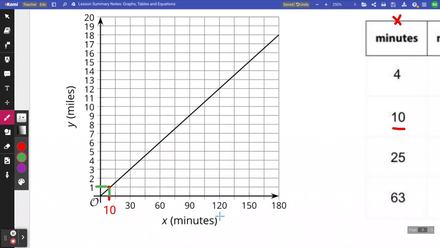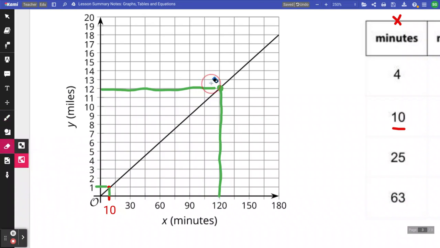If I wanted to know what y is when x is 120, I go to 120, I track 120 up to my line to find that coordinate point, which would be right here. And then I'm going to come over to see, well, that's the point where x is 120. What's the y? And the y would be 12. So it's finding those points on the line, which has been a big theme today as well.